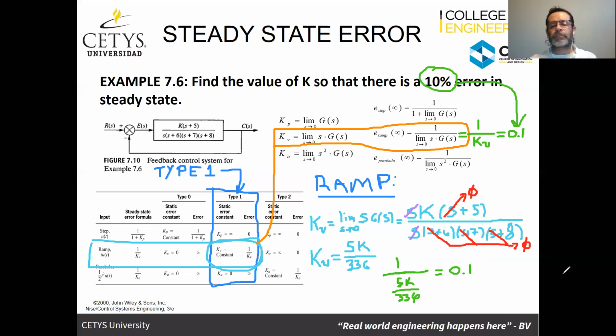Or in other words, if it's 1 divided by 5K over 336, this means, using the old tortilla law, that this is 336 divided by 5K. I'm actually going to write this down over here.